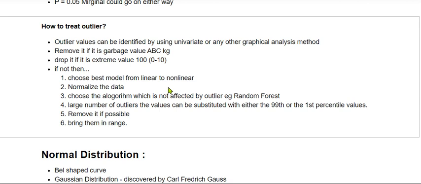Or the height of any male: if you measure the height of males, it will range from 5.5 to 6 feet. But if some person has a height of 7 feet, in that case we can consider that an outlier.